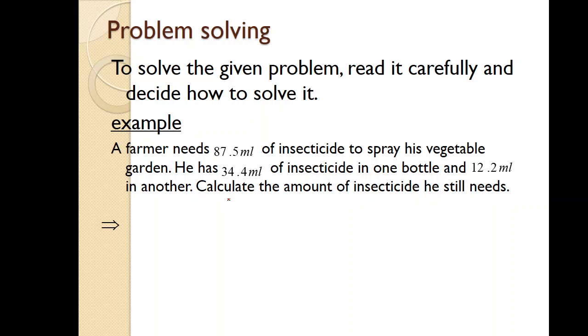We were told that for him to spray his whole garden, he needs this amount of insecticide, which is 87.5. But we are also told that he has this now. He has 34.4 milliliter in one container and 12.4 in another. So to get the amount of insecticide he still needs, we are first going to calculate the total amount of insecticide he has, which is, add this together.